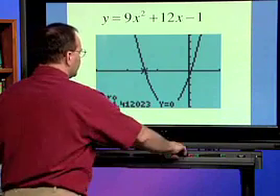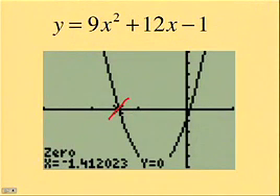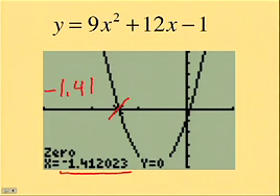Here's our equation, and what we see is that it intersects right here between -1 and -2, and our exact answer, as far as the calculator has to display, is -1.412023, which means we're going to use the value -1.41.